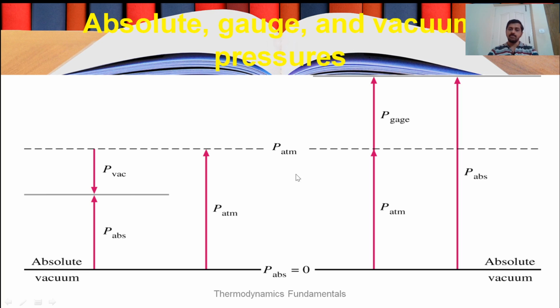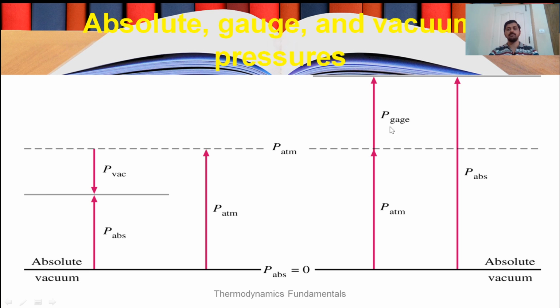So when the pressure gauge reads 0, that means it is 1 atmospheric pressure. Fine. If the pressure gauge reads negative, that will be vacuum pressure. If the gauge reads positive, that is positive pressure, above atmospheric pressure.